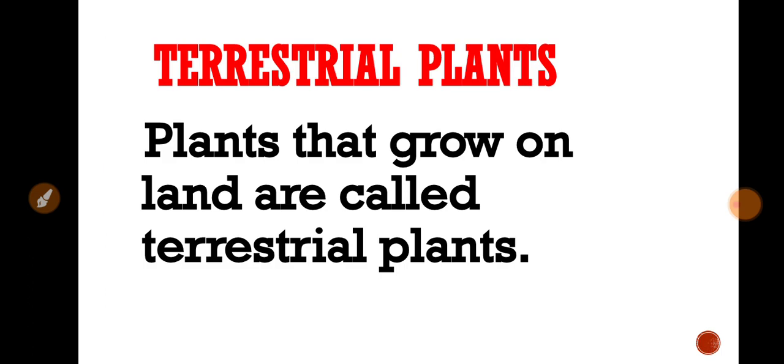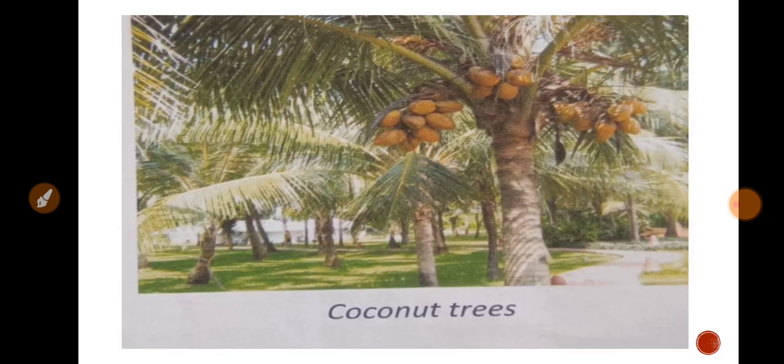Now, terrestrial plants. Dear students, plants that grow on land are called terrestrial plants. Depending on the terrestrial habitat in which they grow, plants can be further divided into different categories, and we will discuss those categories today.